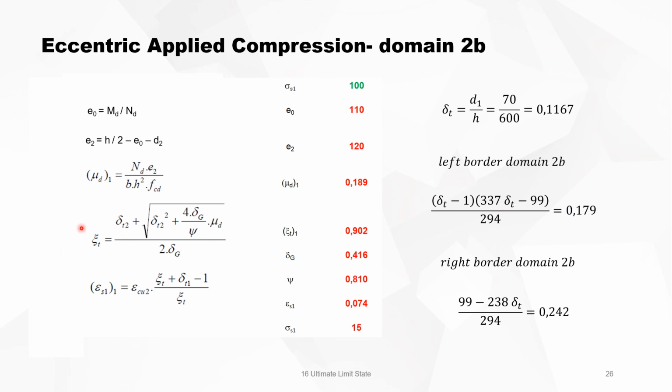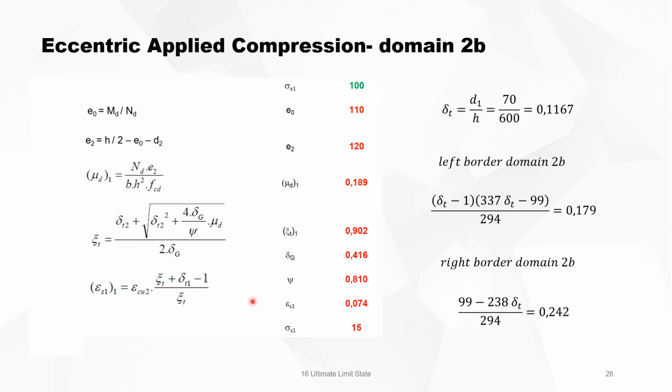Then we calculate the depth of the neutral axis. We know C and delta G, which are 0.416 and 0.81, because the whole area of the parabolic shape and the rectangular shape of the compression of the stress diagram of the concrete is there.